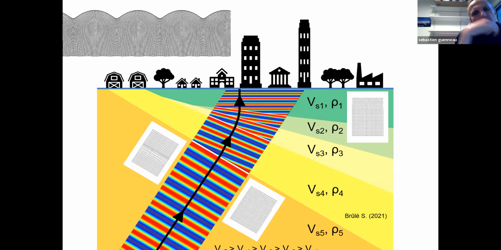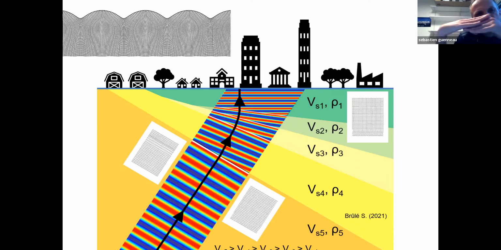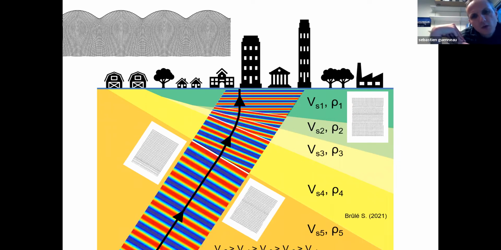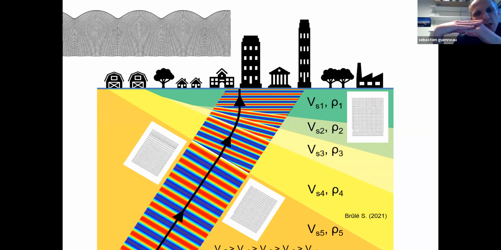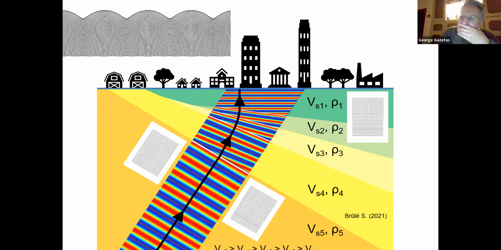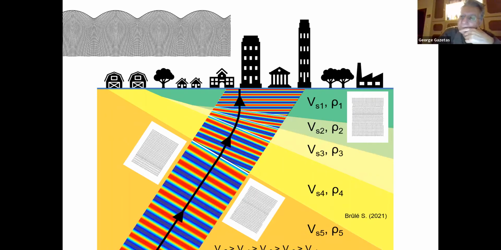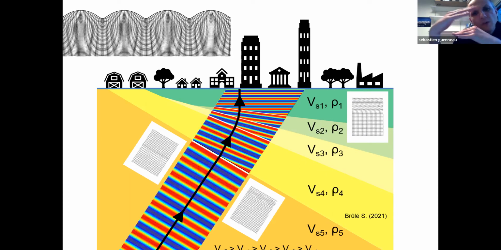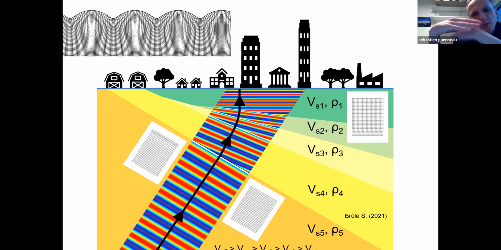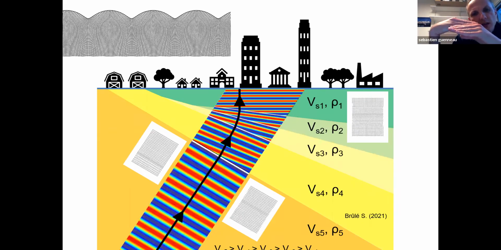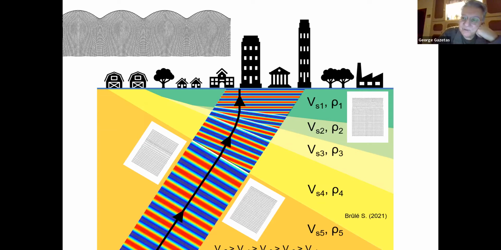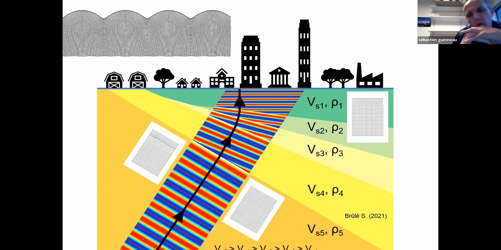And so whenever you have an interface between two layers, of course, you have coupling between in-plane pressure and shear. Even if you start only with a pressure wave, as soon as you have an interface you generate those waves. Shear and pressure, your problem is fully coupled.